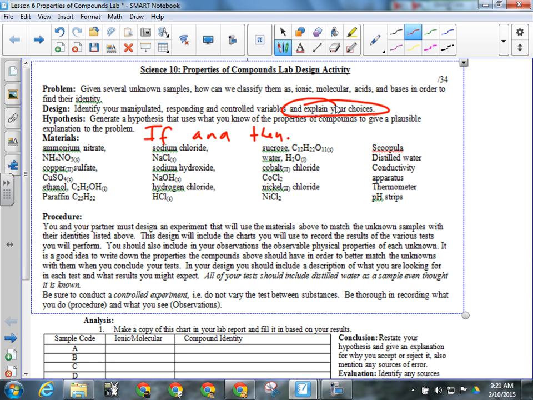If this is true, and what does it talk about, guys? It briefly describes something. What does it briefly describe?